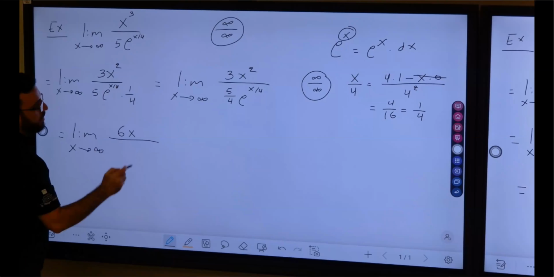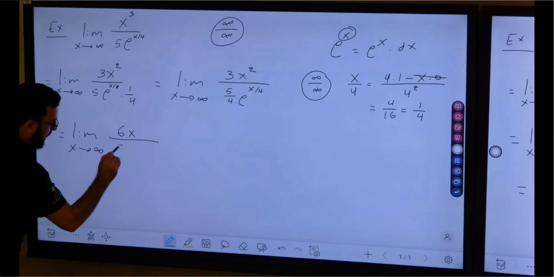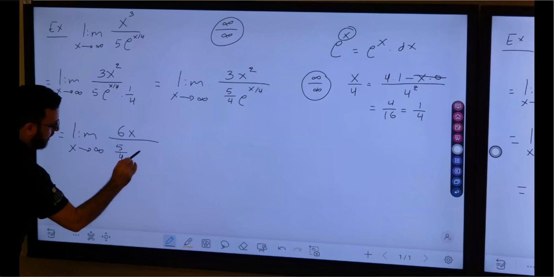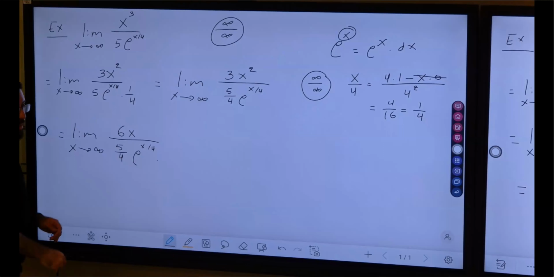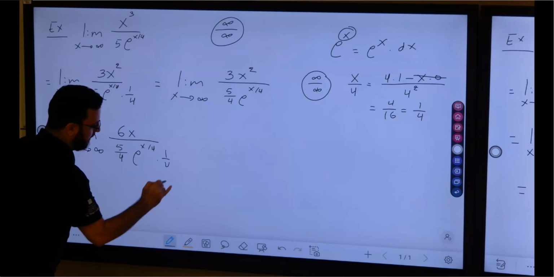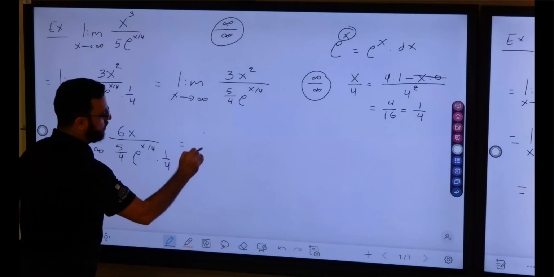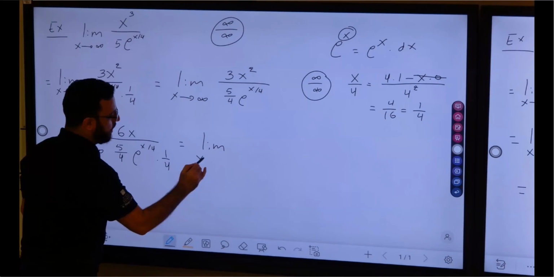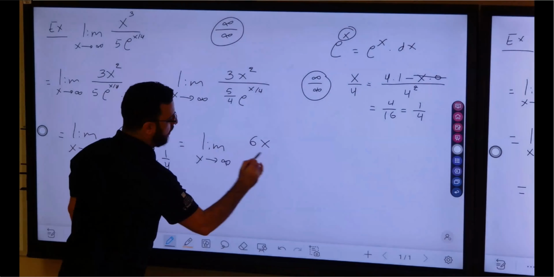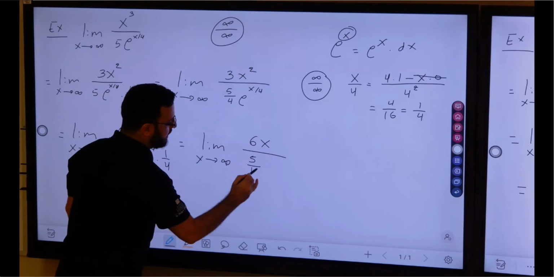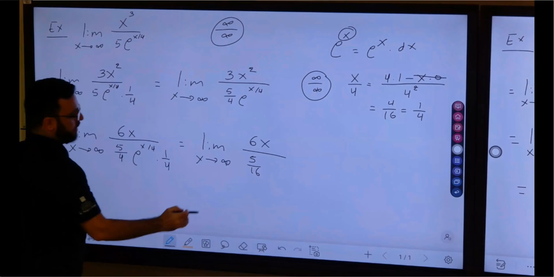The derivative here is going to be the same function times 1 over 4 again. That means this one equals the limit as x approaches infinity of 6x over 5 over 16 e to the x over 4.